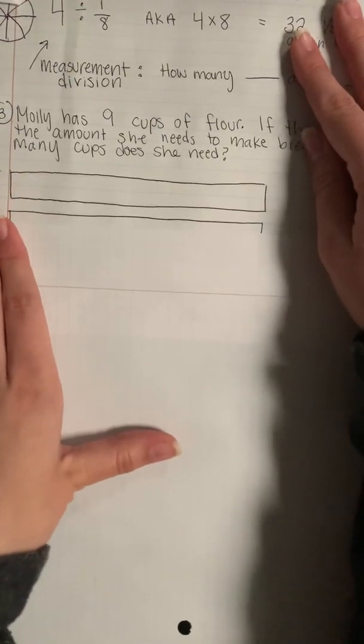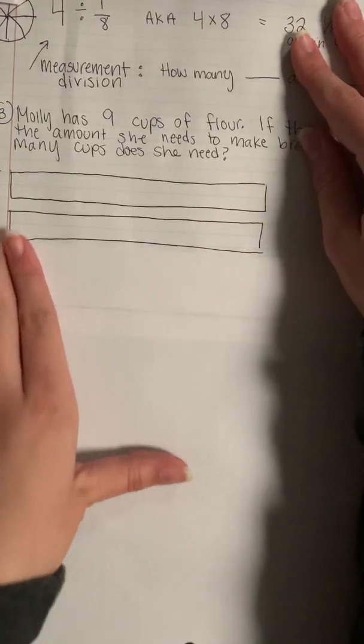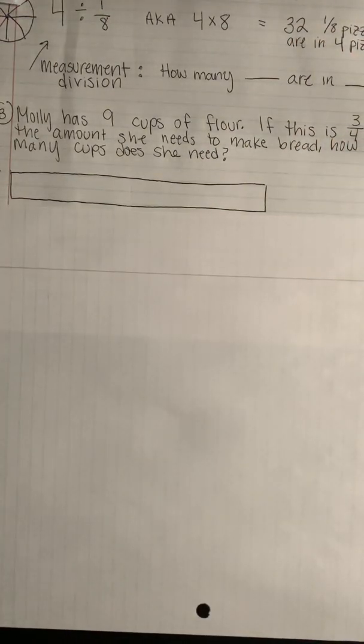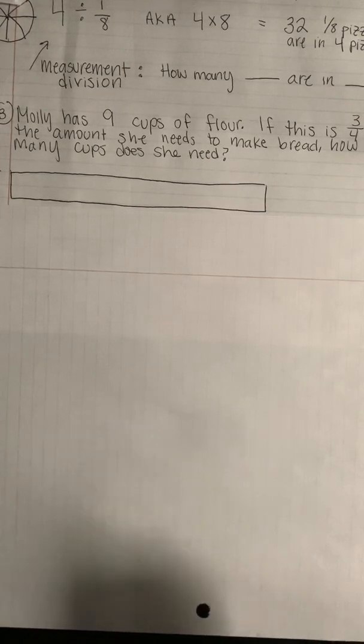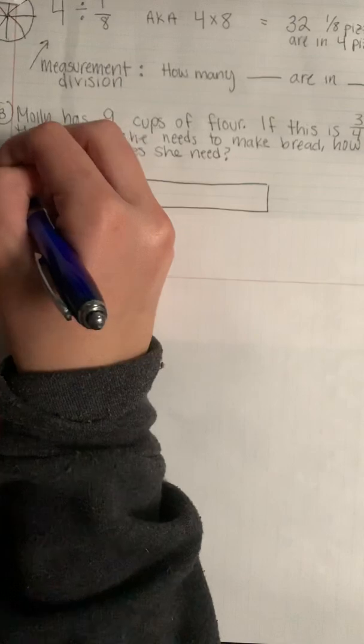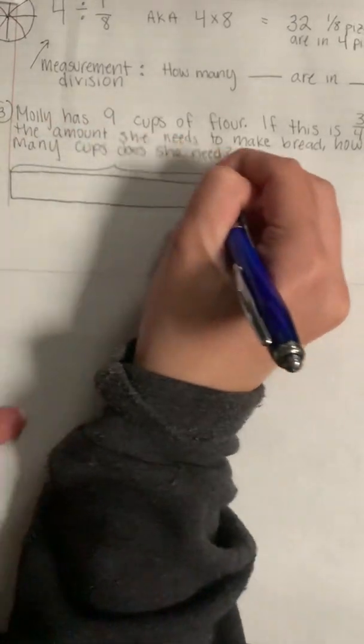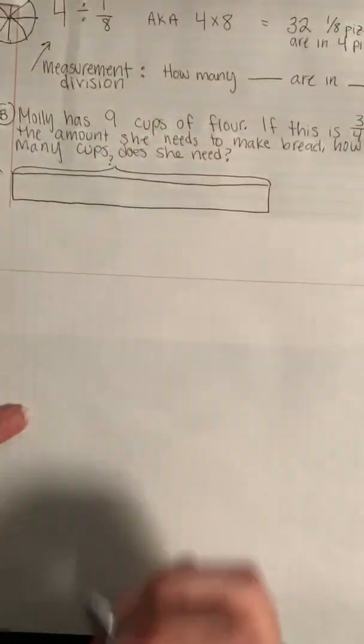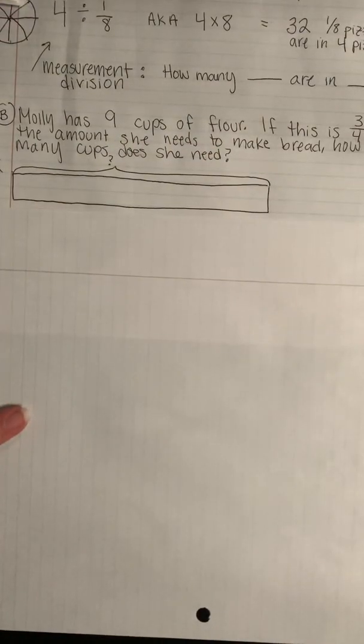We could use some tape diagrams to help us. So let's start with this first one. The entire tape diagram is actually our unknown this time. We don't know how many total cups she needs, but we can work backward.